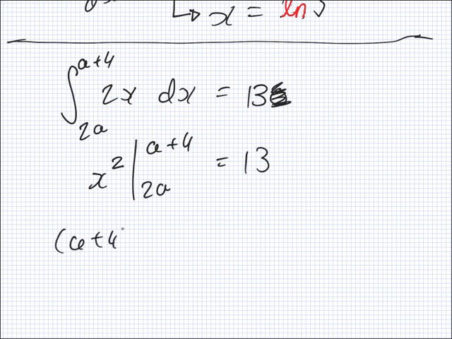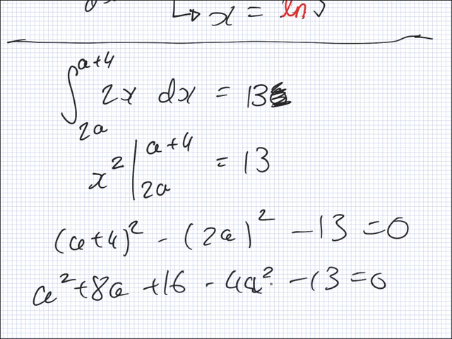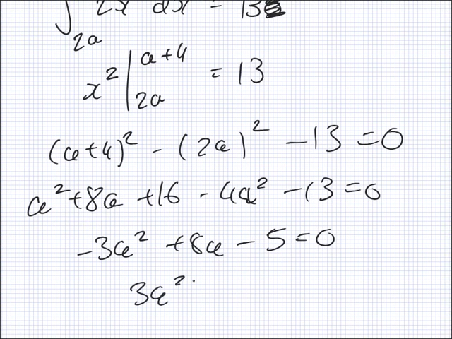So that's (a plus 4) squared minus (2a) squared minus 13 equals 0. So that's a squared plus 8a plus 16 minus 4a squared minus 13 equals 0. So that's minus 3a squared plus 8a plus 5 equals 0.